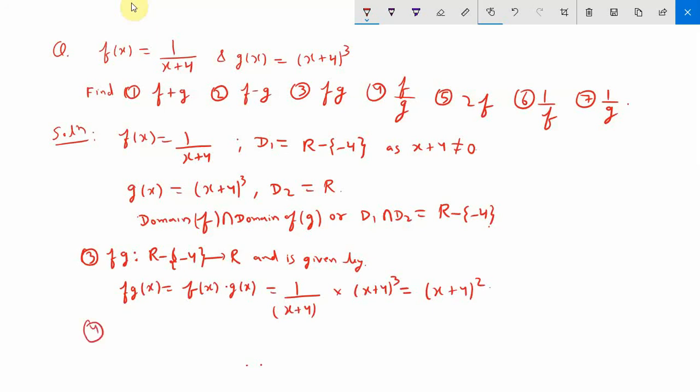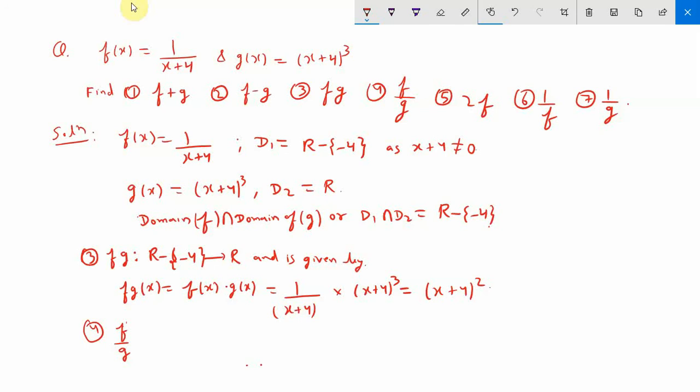Okay. So next one, fourth. Fourth we have to find quotient, or f divided by g. So from this we can see f by g. So what will be domain of f by g? See, if we divide by g(x), then g(x) should not be equal to 0. Okay.